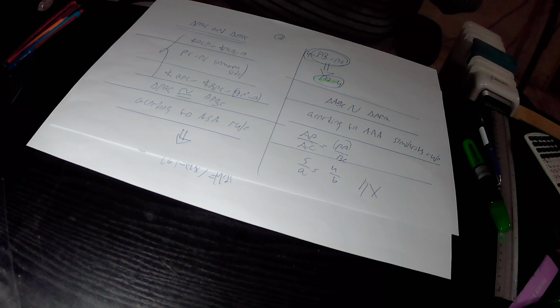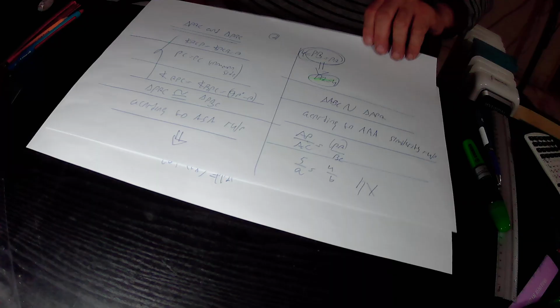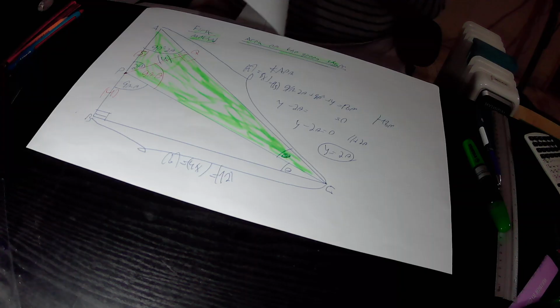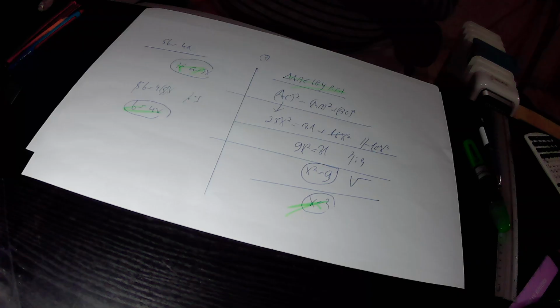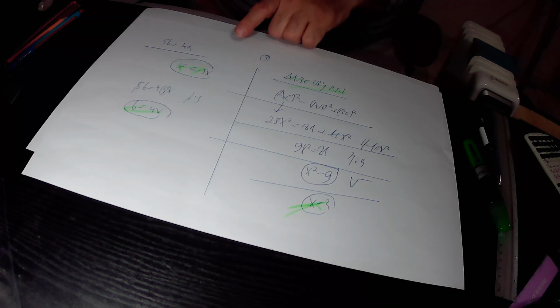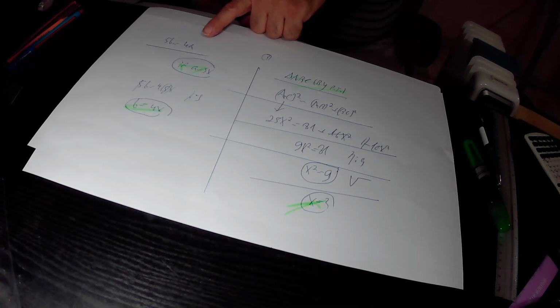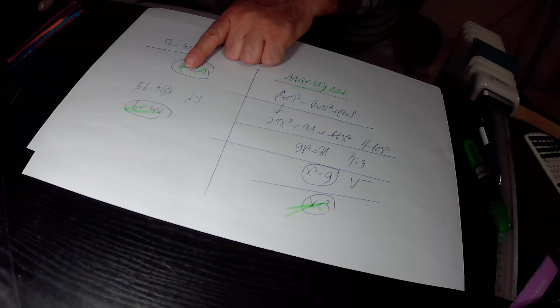So in total, we found that 5 over a equals 4 over b. If we cross multiply this equation, we get 5b equals 4a. If we define a as 5x, that is, if we substitute a by 5x in this equation, we get 5b equals 4 times 5x.